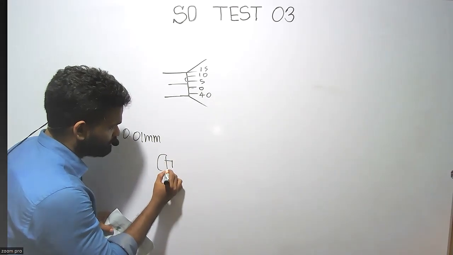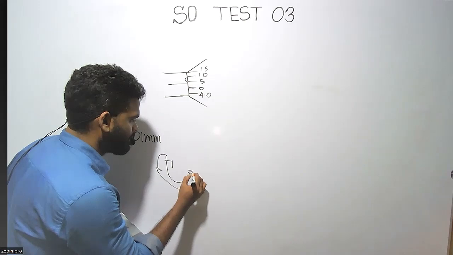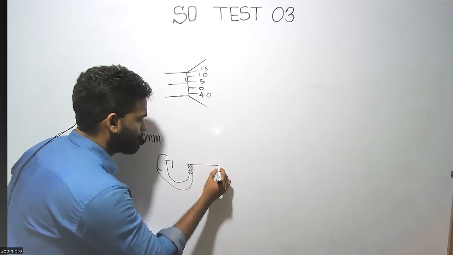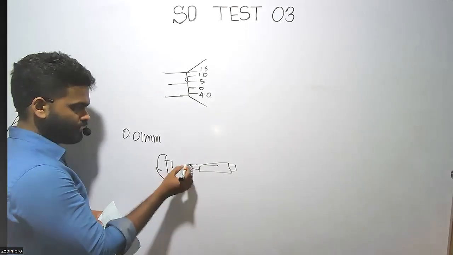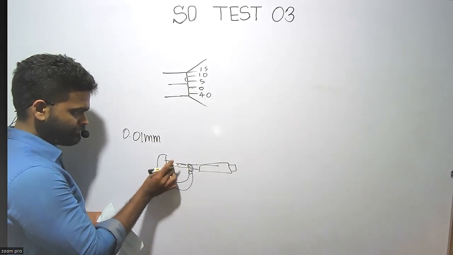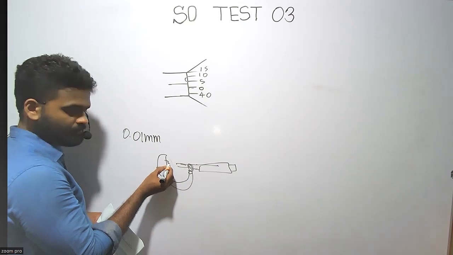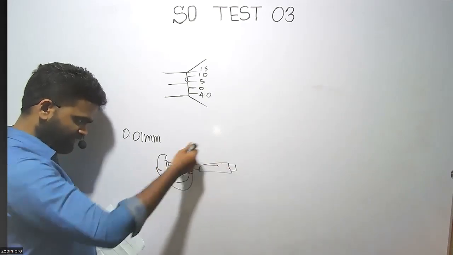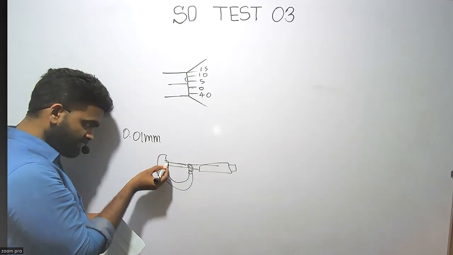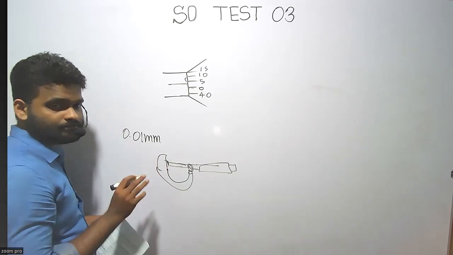So the screw gauge is something like this, right? Something like this. So as you rotate it, the spindle touches, as we call this the anvil, and the spindle touches, like by rotating it you can do this. So there's nothing in between. So here the reading should be 0.